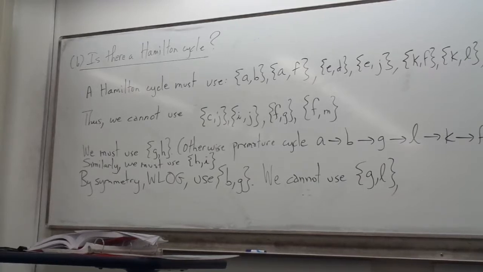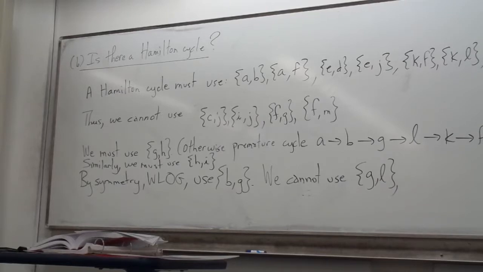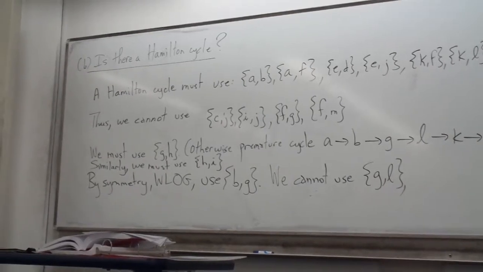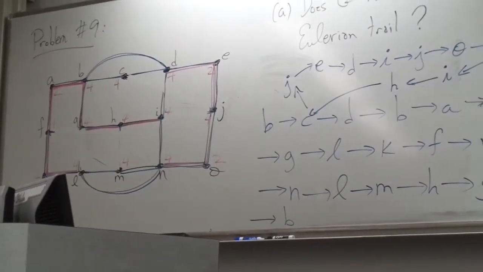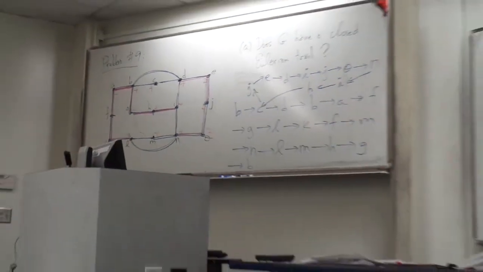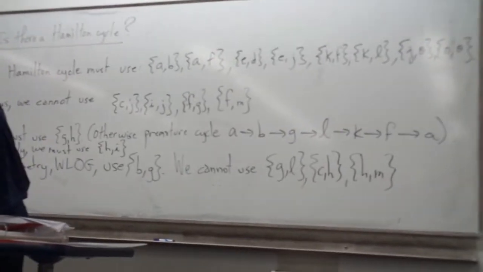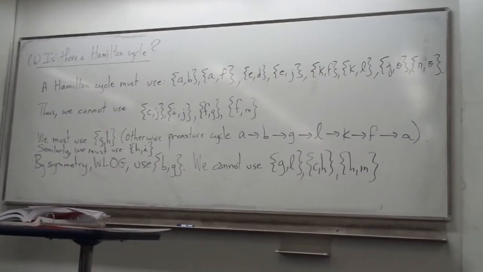Okay, and I've taken off GL. Anything else I can take off? Okay, I can take off, good, CH and HM, I better write these down. So CH, HM, what else did we say? Oh yeah, BC is gone.